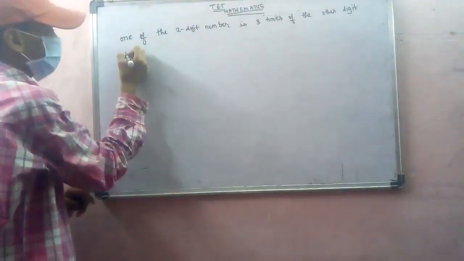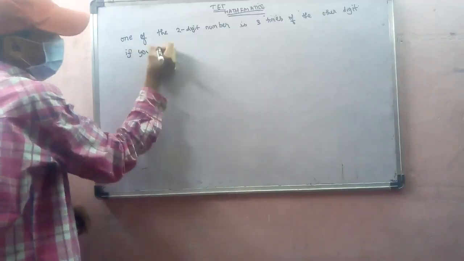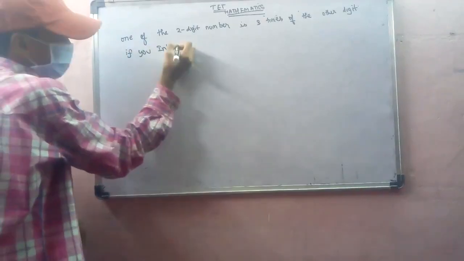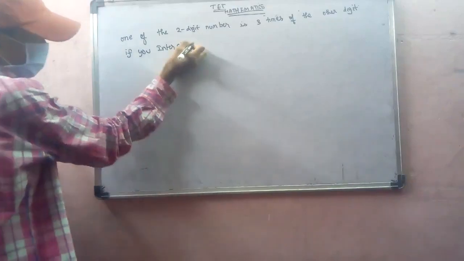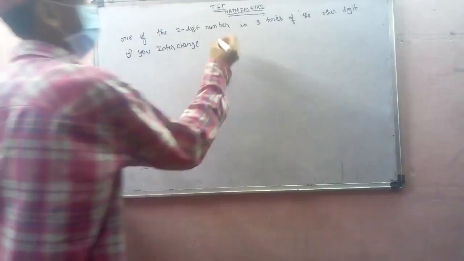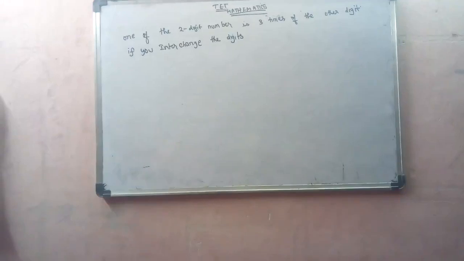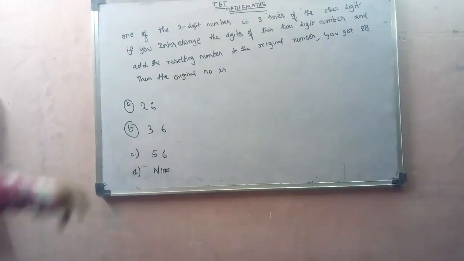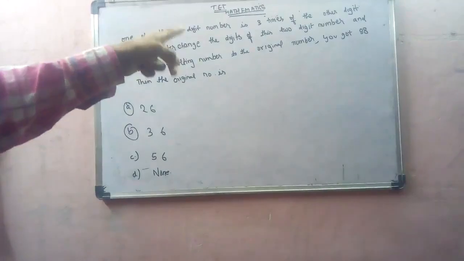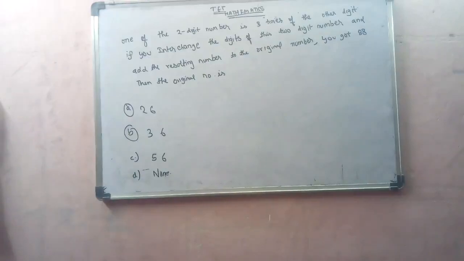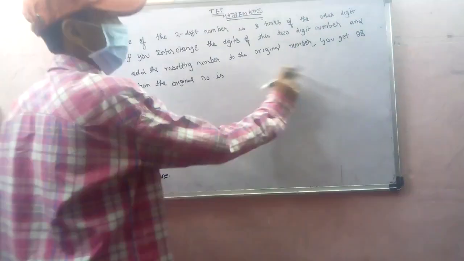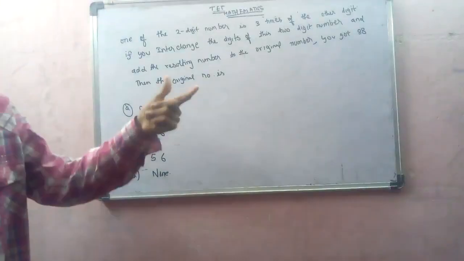If you interchange the digits of this two-digit number and add the resulting number to the original number, you got 88, then the original number is, okay.